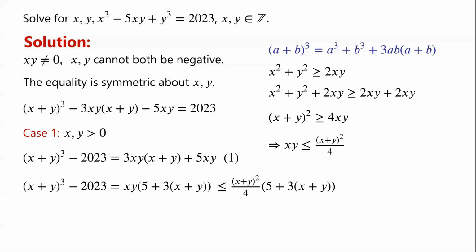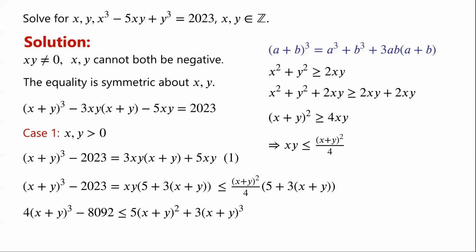Now multiply the inequality by 4, we have 4 times (x plus y) cubed minus 4 times 2023, which is 8092, is less than or equal to 5 times (x plus y) squared plus 3 times (x plus y) cubed.